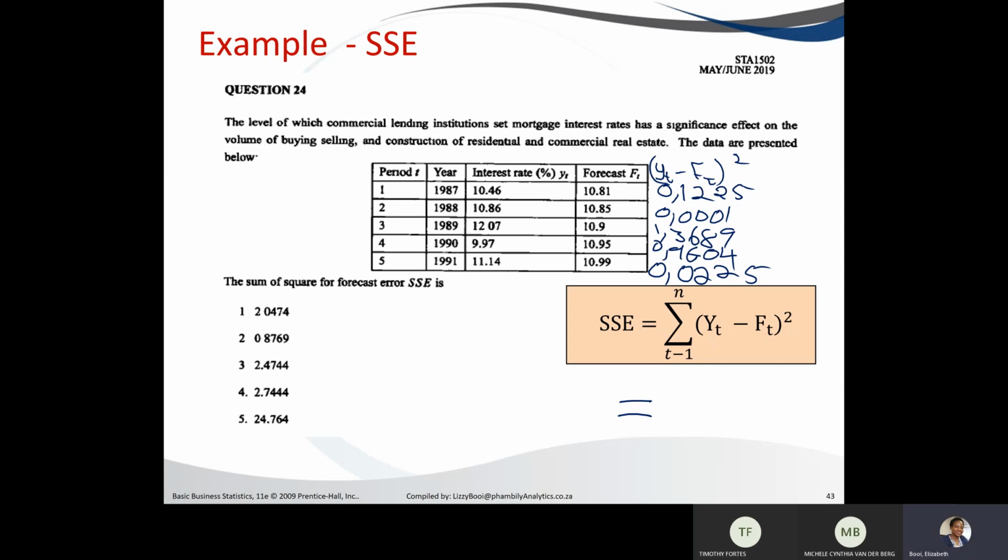So 0.1225 plus 0.001 plus 1.3689 plus 0.9604 plus 0.0225 equals 2.4744.